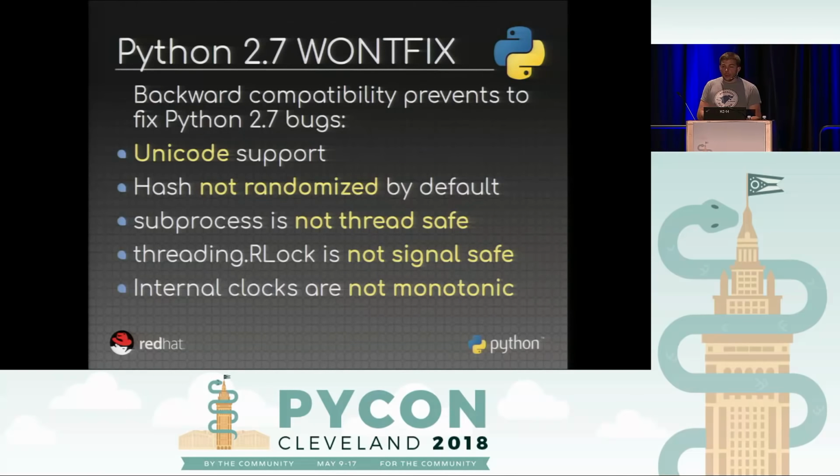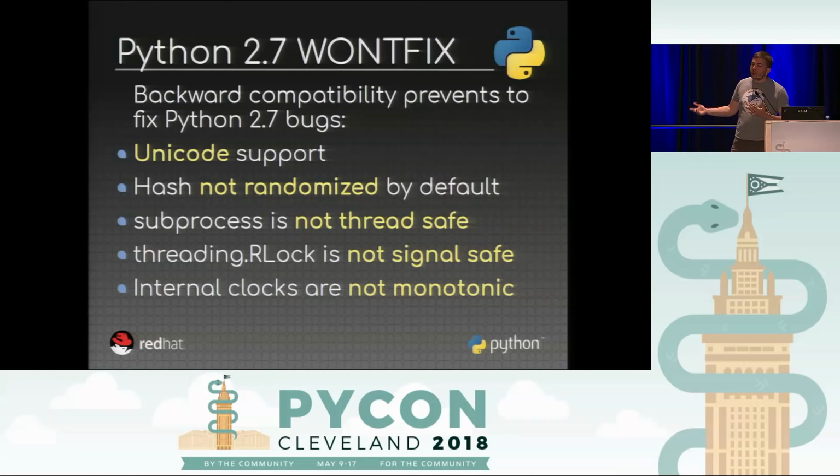Another example is recursive locks. They are not signal safe, which means that if you spawn a subprocess, when the subprocess completes, you get a notification as a unique signal, and this signal may make the recursive lock inconsistent.